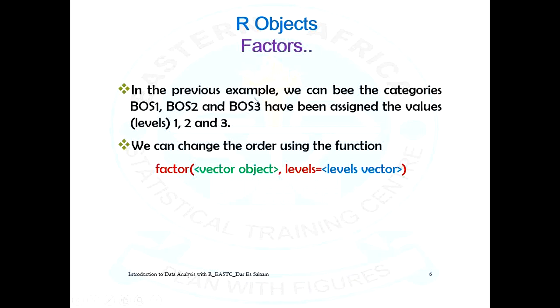So you may wish to change the levels: maybe number 1 for both 2, 2 for both 3, and 3 for both 1, or number 3 for both 2, number 1 for both 3, and number 2 for both 1. So you may wish to change the default setting in R. To do that, we simply use the function levels. So how do we go about this?